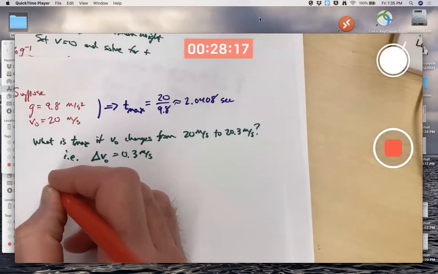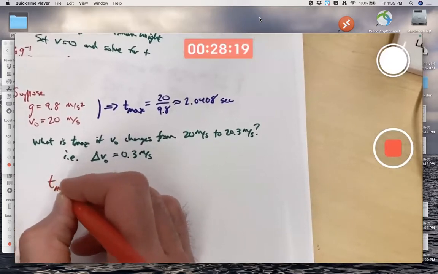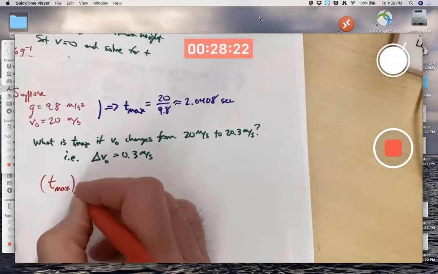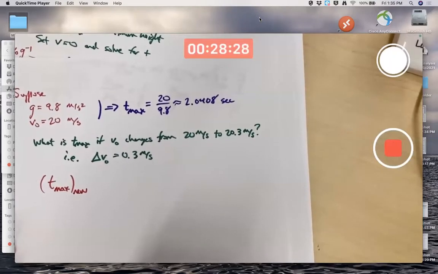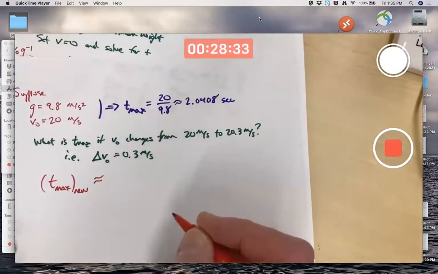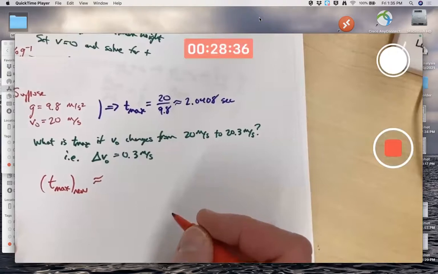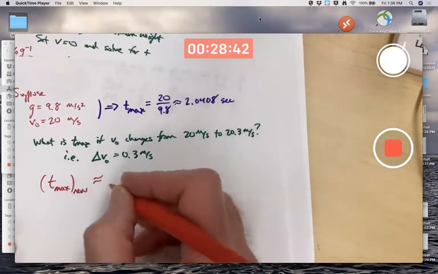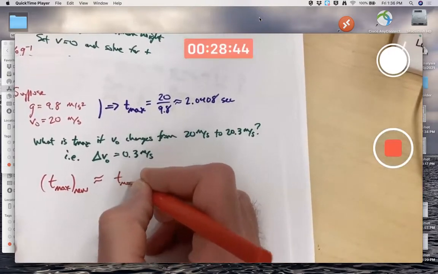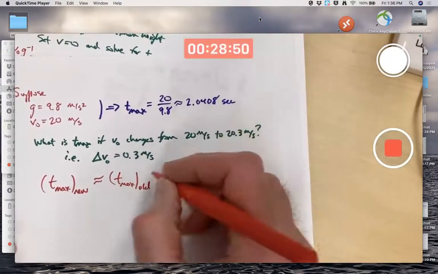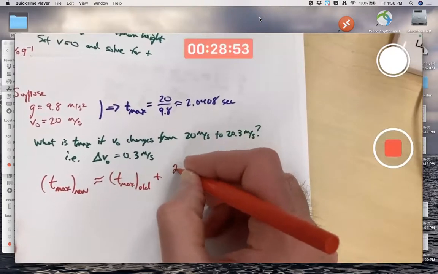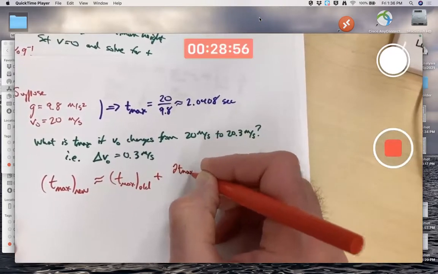The notation is getting a bit hairy. I could call it t_max new, the new time to the maximum height. Double subscripts there, double labels. I'm running into this issue because I'm avoiding function notation, but t_max new is approximately t_max old, that's the 2.0408, plus the rate of change, the derivative of t_max with respect to what?